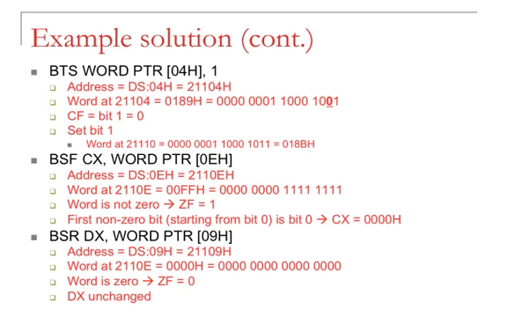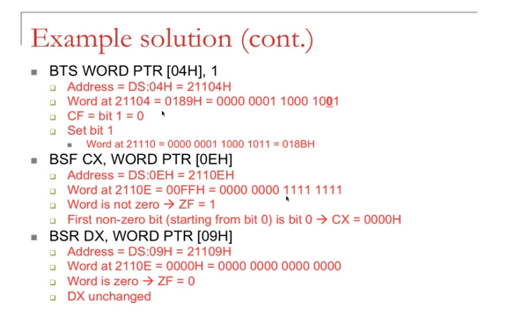Why is the difference just going forward and just going reverse if the result is the same? It's not always the same. For different values, you may often find different indexes. For example, if you do bit scan reverse on the same value, that means you're going to scan from left to right.